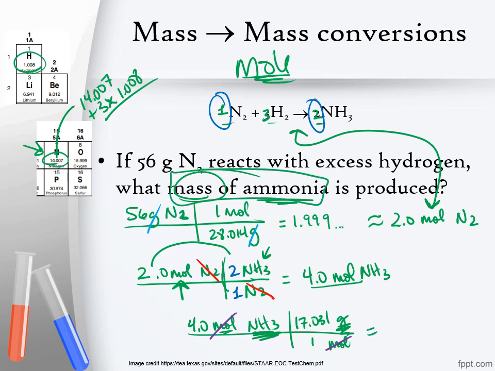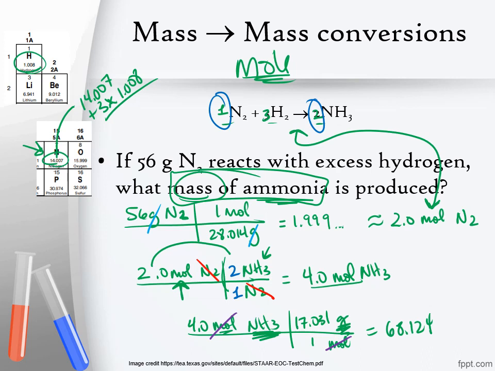So now back to the calculator. 4 times 17.031 divided by 1 gives us something. I pushed the wrong buttons on my calculator. Trying again. 4 times 17.031 gives us 68.124.